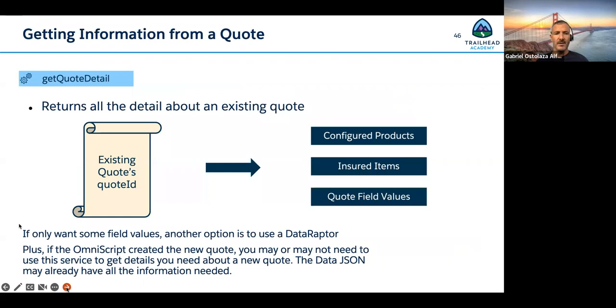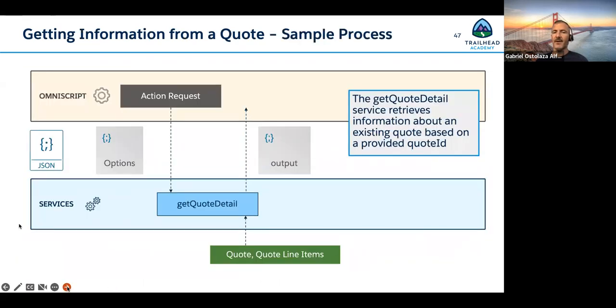So existing quote ID, and then we are going to get the details of that quote, okay? It's like the configured products, the insured items, and the quote field values, right? You can get that from a field set. So you can build up in the quote, okay, a field set for all these details.